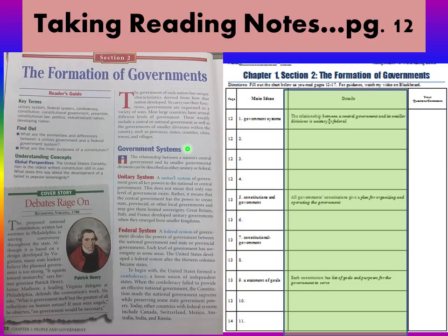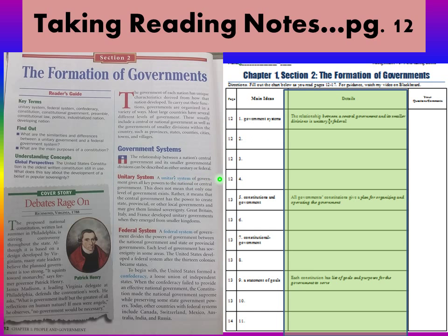Okay. Government systems. And this is one of your answers up here. The relationship between a nation's central government and its smaller governmental divisions can be described as either unitary or federal. And I just put that over here for you. Okay, now you're looking for unitary system. It's right here.